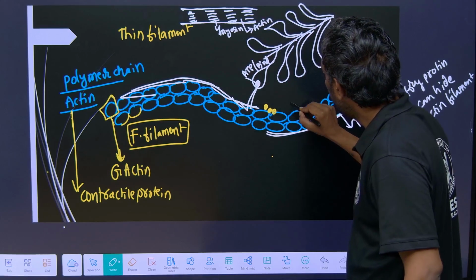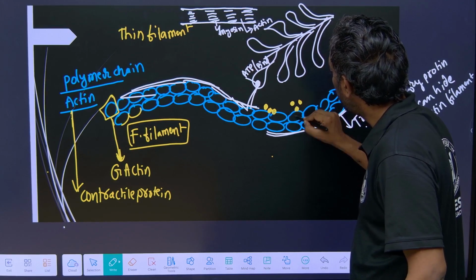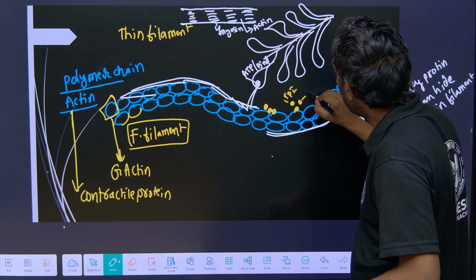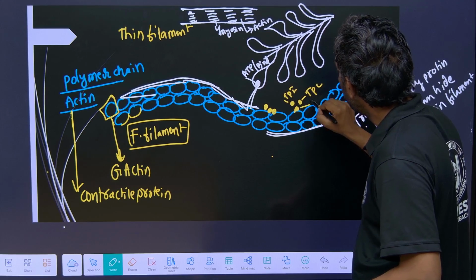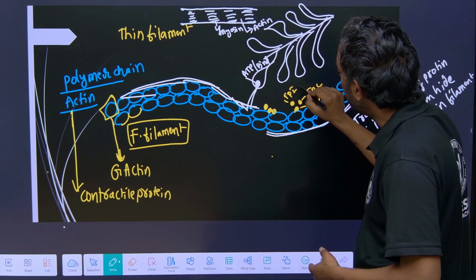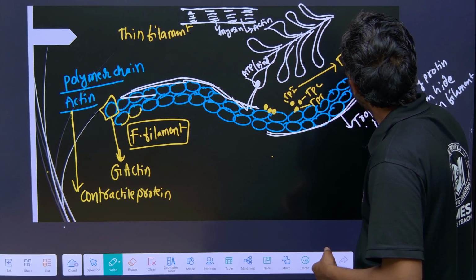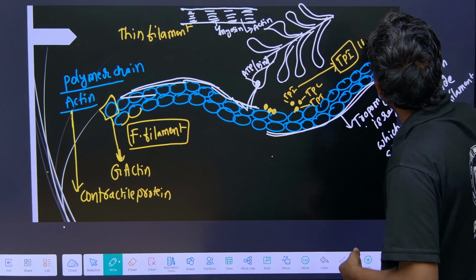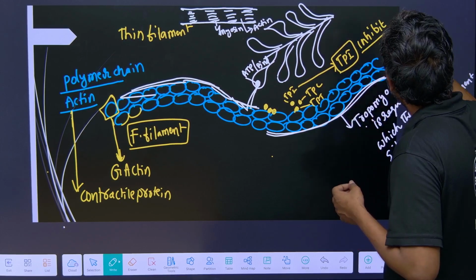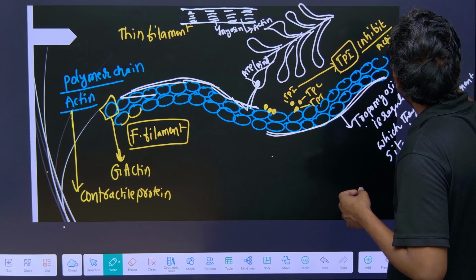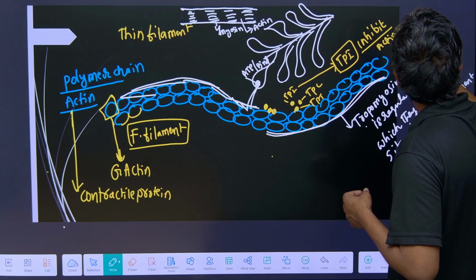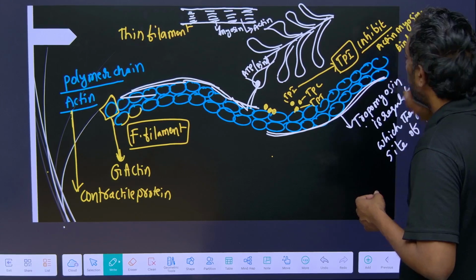There are three sites in the troponin: TPI, TPC and TPT. TPI inhibits the actin-myosin binding.